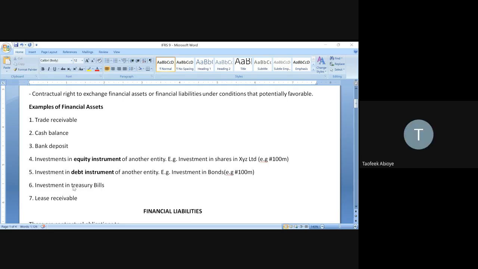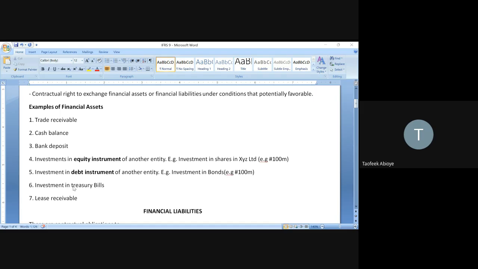All right. So another one, we have lease receivable. Lease receivable is a financial asset because it is a contract that gives the holder lease rental. Every year you'll be collecting your lease rental. Then to the other party, it will be lease liability.